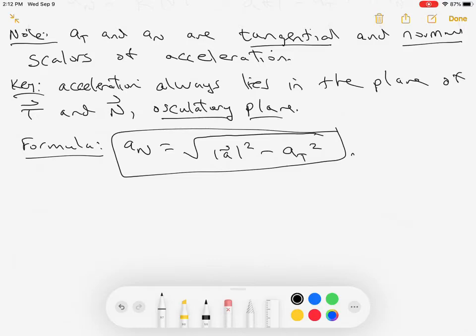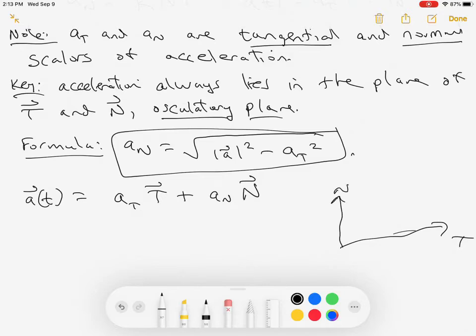So apparently if you take any acceleration vector, you can write it as a sub T T plus a sub N N, basically linear combinations of the vector T and the vector N. So that means we stay completely in the plane. So if here's the vector T, and here's the vector N, the plane that it creates, all the acceleration happens in there.